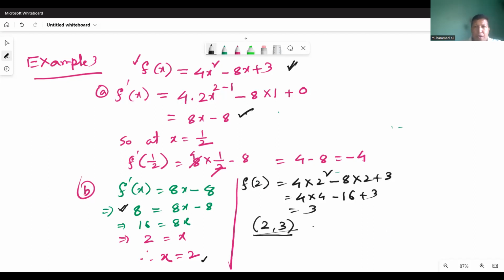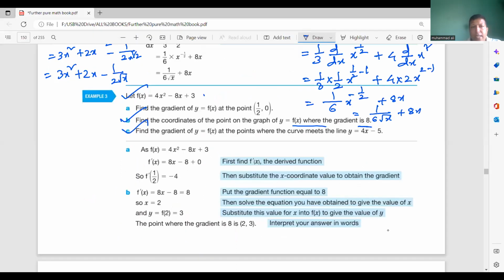Now the last part of this maths: find the gradient of y equals f(x) at the point where the curve meets the line y equals 4x.